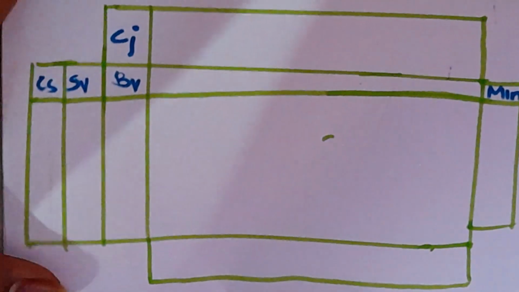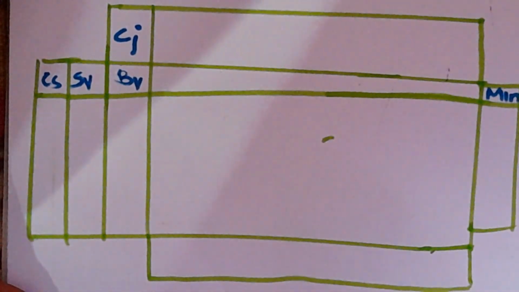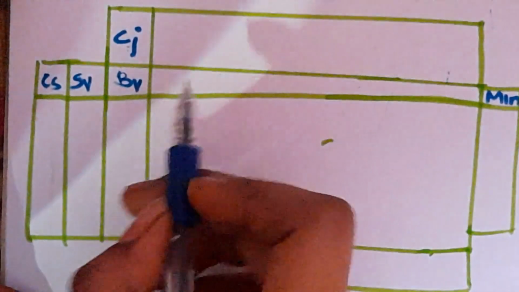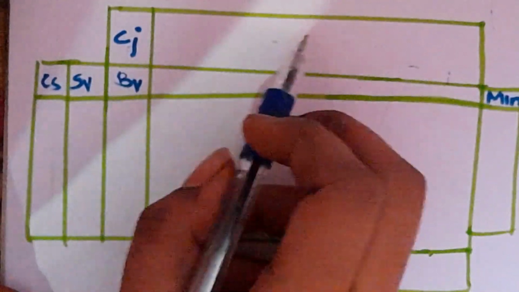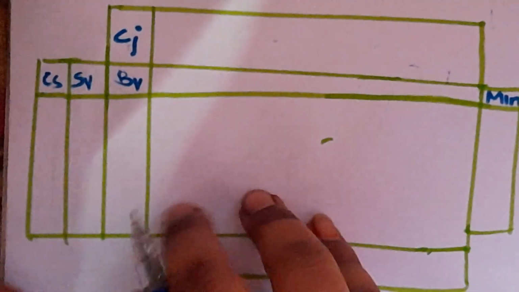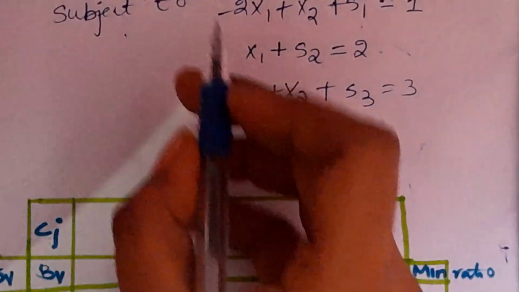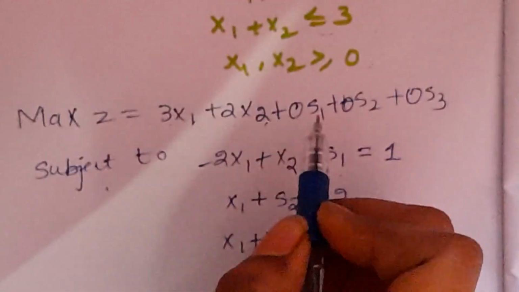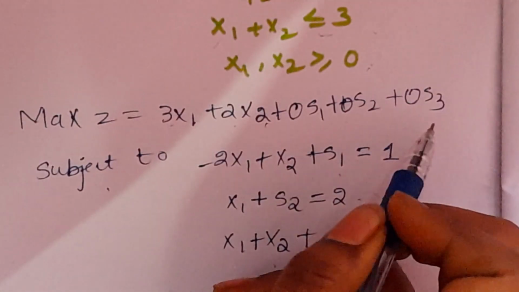So this is how we have to formulate the table. Here we have Cj, which means the objective function coefficients. We have to write the objective function values here. The coefficients of the objective function are: x1 is 3, x2 is 2, s1 is 0, s2 is 0, s3 is 0.